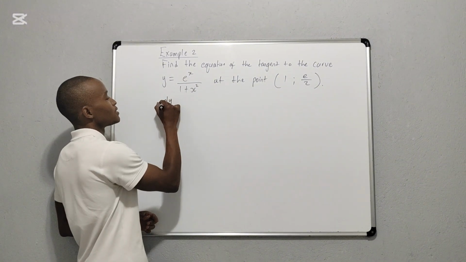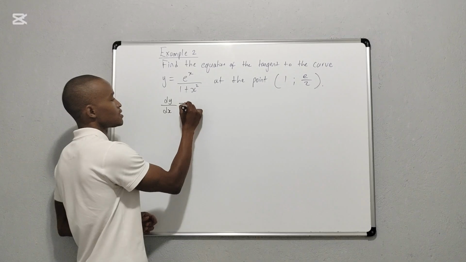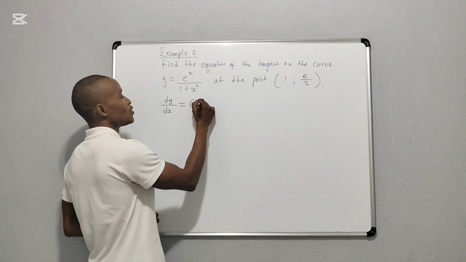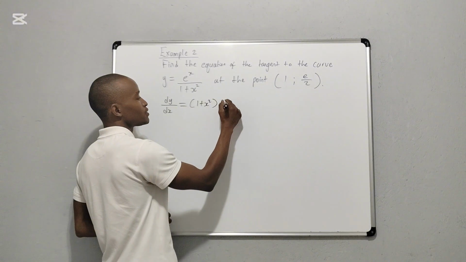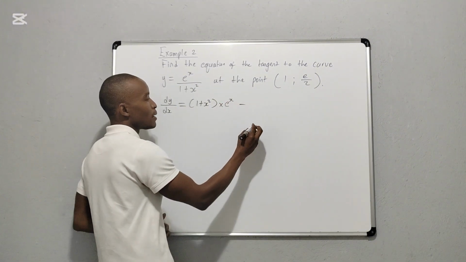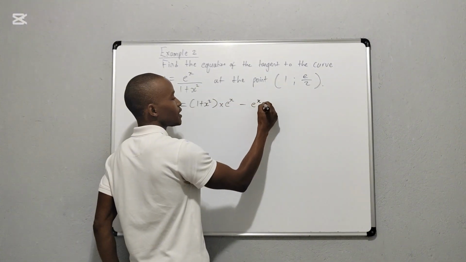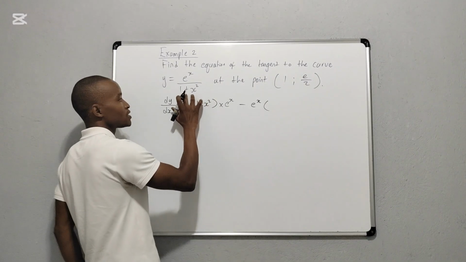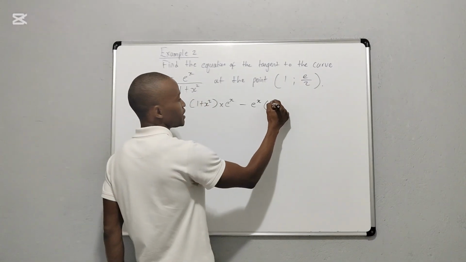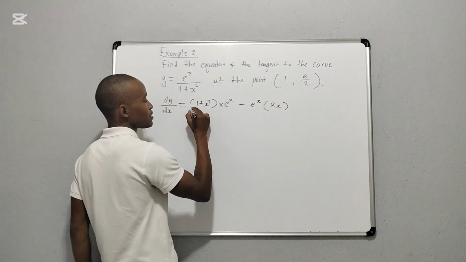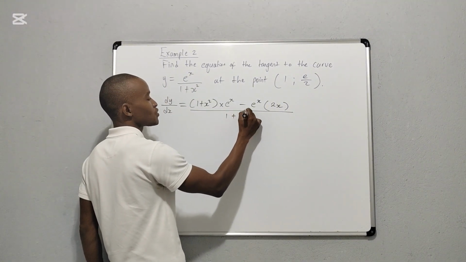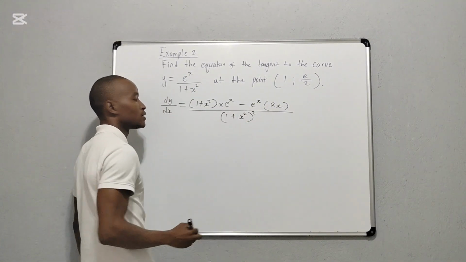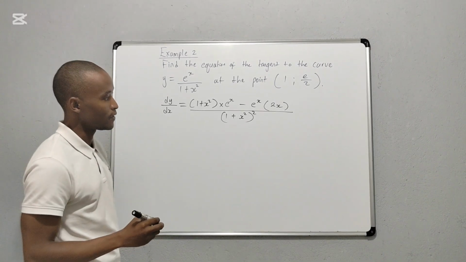So let's start with that. dy over dx will be equal to 1 plus x squared times the derivative of e to the x, which is e to the x, minus e to the x times the derivative of our denominator, 2x, over 1 plus x squared, you square the denominator as well.